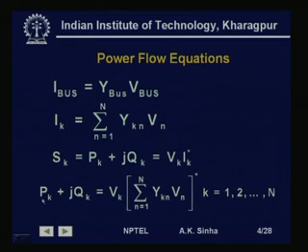So, substituting, we can write P k plus j q k is equal to V k into the conjugate of summation n is equal to 1 to capital N y k n V n, where k varies from 1 to capital N, the number of bus bars in the system.